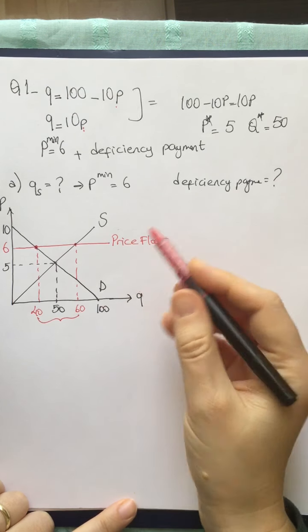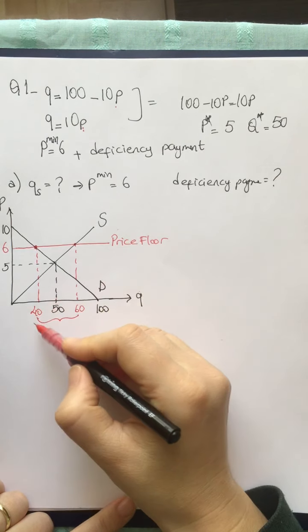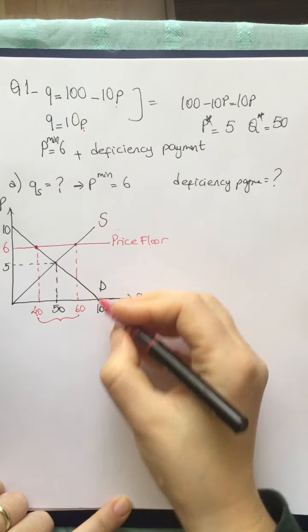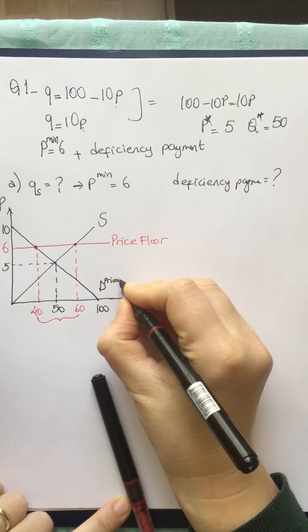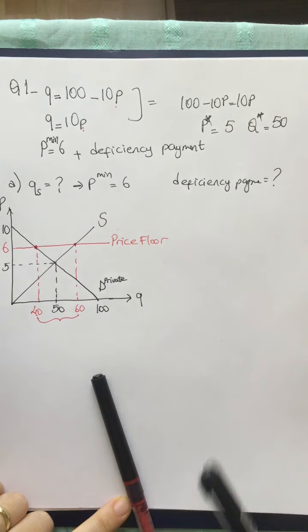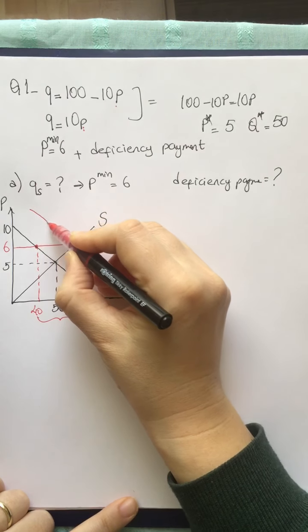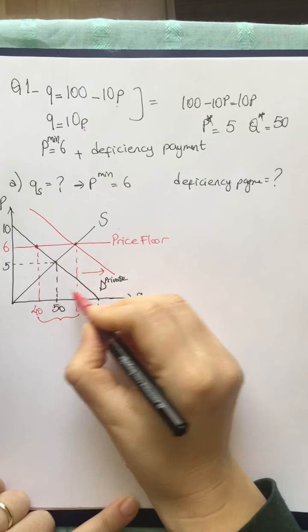However, the government put a price floor and also says that it will buy this surplus from the producers. So the initial demand function was the demand of the private people, but now after the deficiency payment program of the government, this demand function will shift to the right just by this surplus.